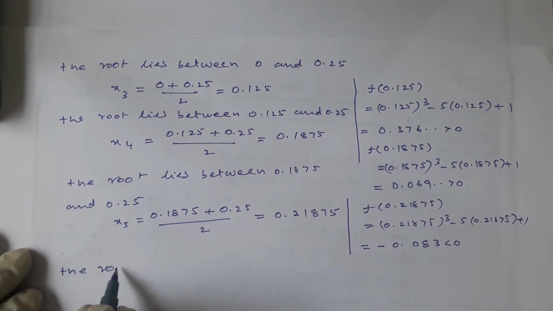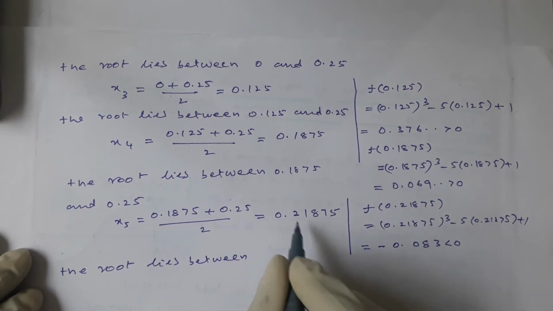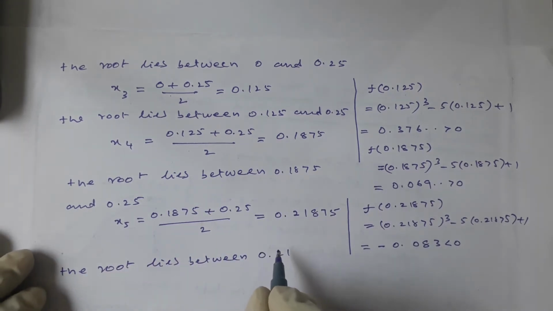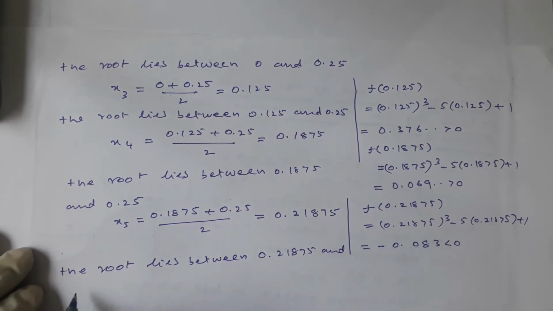The root lies between, as it is a negative value, from this value to the left side, 0.21875 and 0.1875.